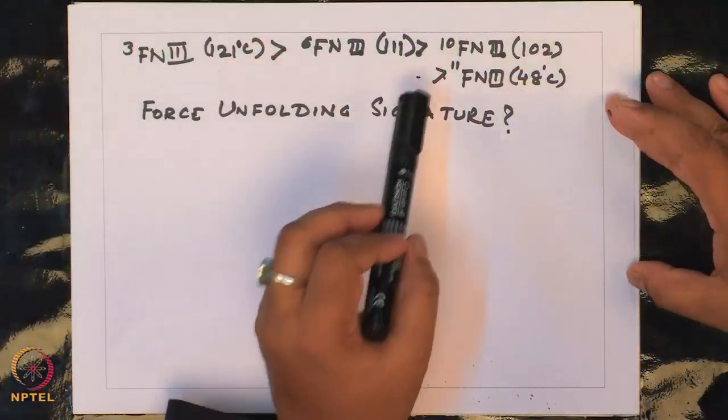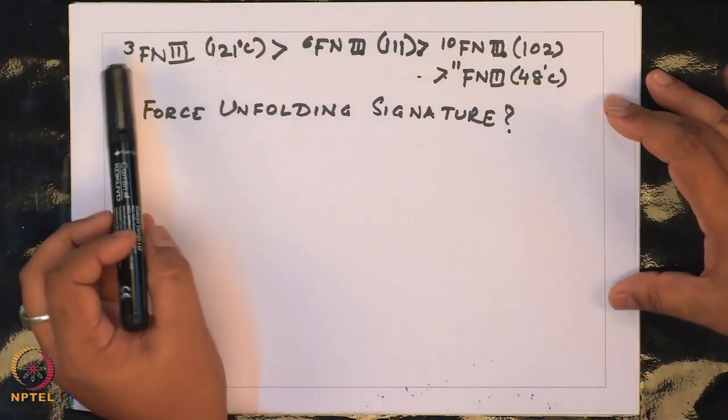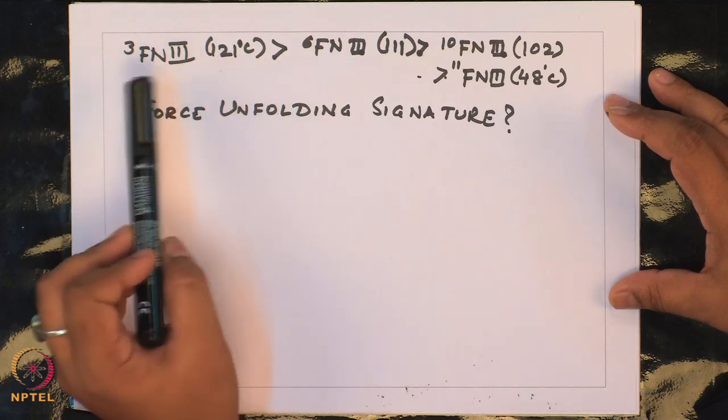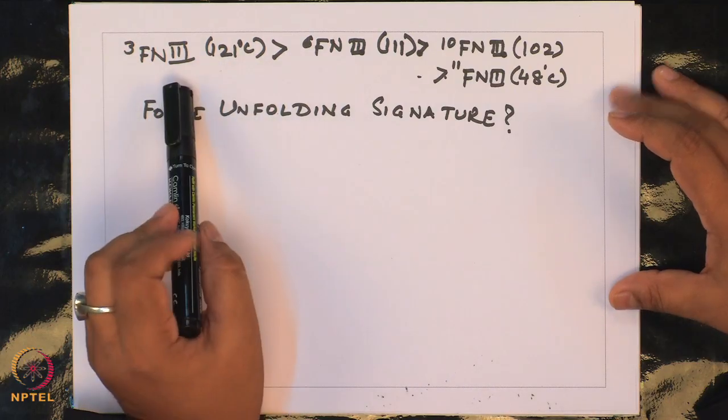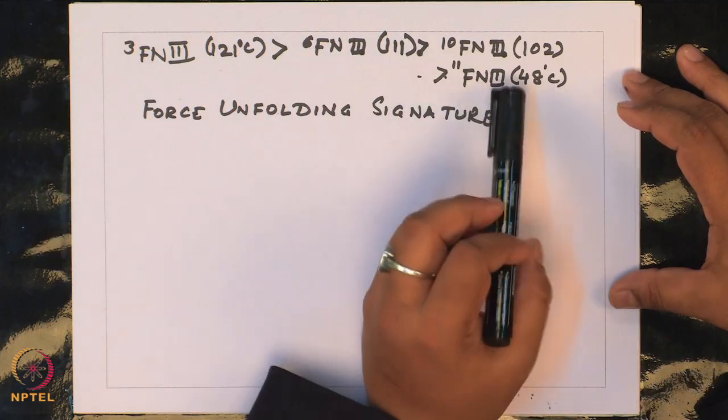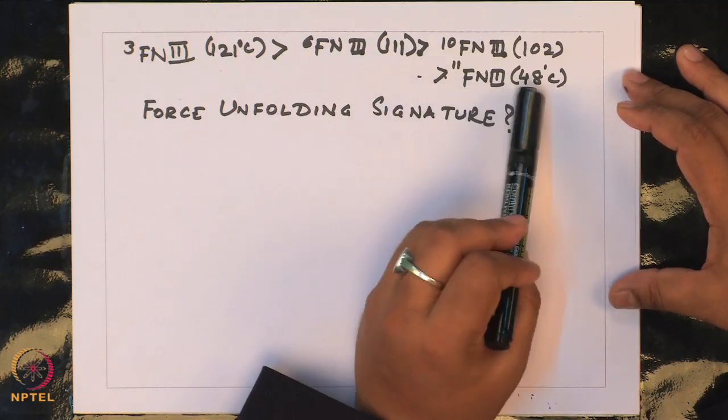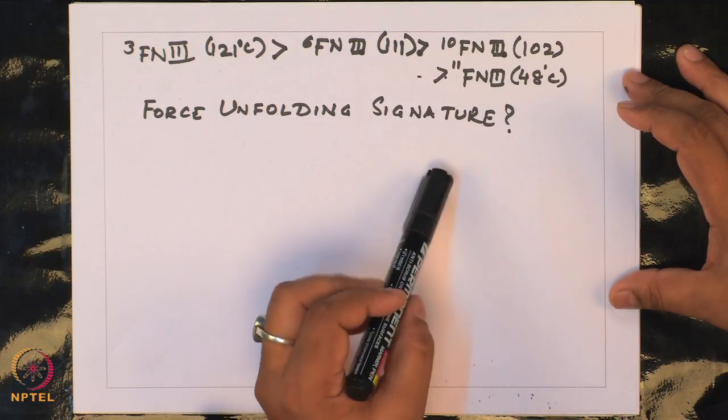Within this folding structure, we wanted to ask how individual domains within the FN3 module respond to forces, and does it correlate with our signature, which is here. If you do thermal denaturation, the third domain of FN3 is among the most stable, and it takes nearly 120 degrees Celsius to denature, in comparison to the 11th domain of FN3, which denatures at 48 degrees Celsius.